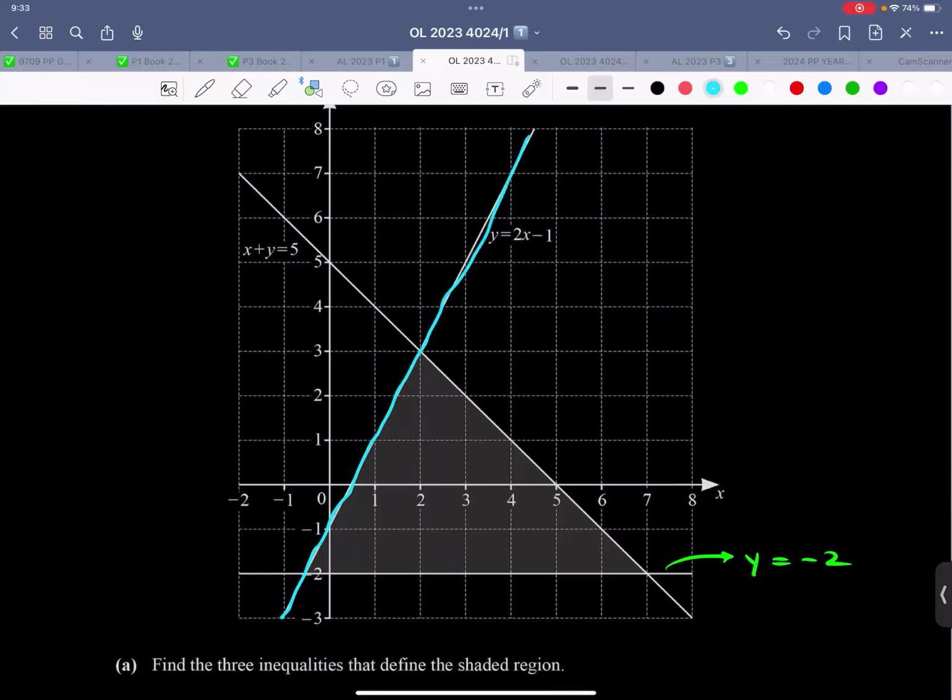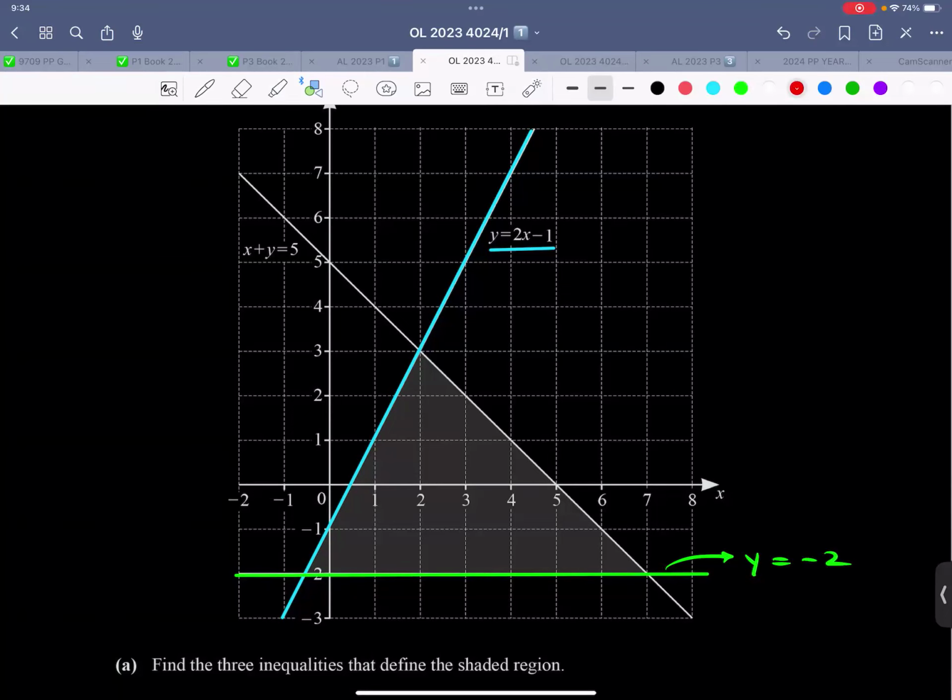It's going like this. That's the blue line. And the green line is going this way. Actually, no, this is not the green line. The green line is this. Y equals -2.